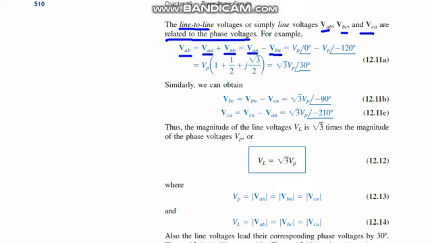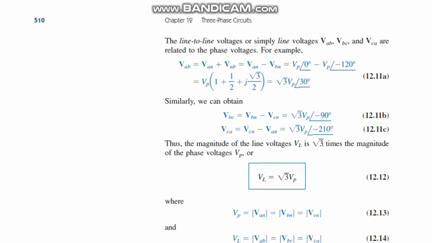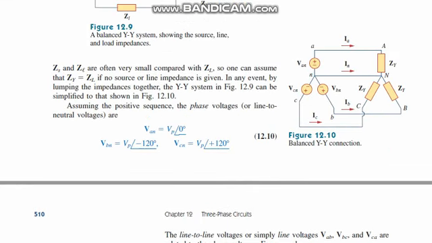Let's go back to the circuit to understand this clearly. As you can see here, it is VAN, VBN, and VCN.